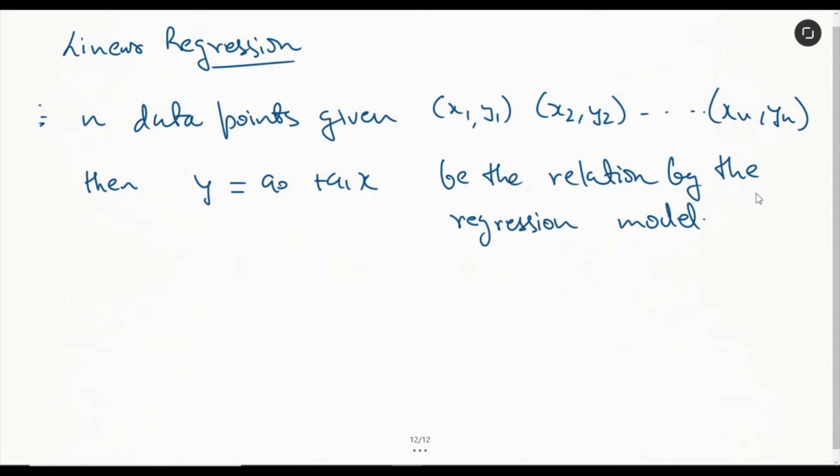If this is the relation we are creating, this a naught and a1 are going to be constants.